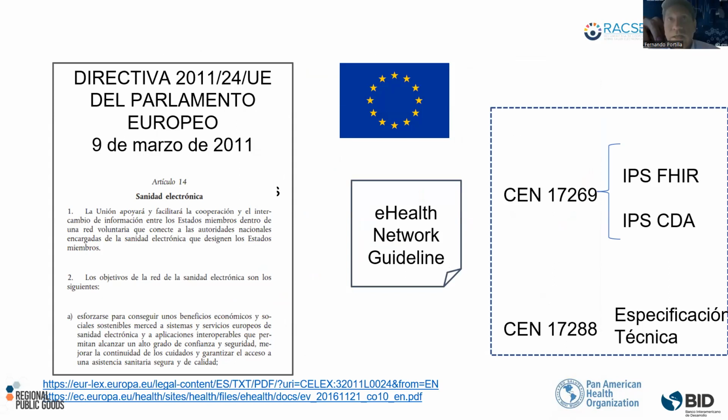So with ISO, the standard was being created, which was called the IPS, International Patient Summary. It is a standard that has an ISO specification, and then the technical teams from HL7 created the specification for CDA, but also for FHIR.